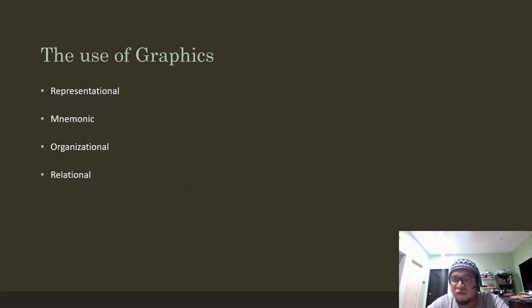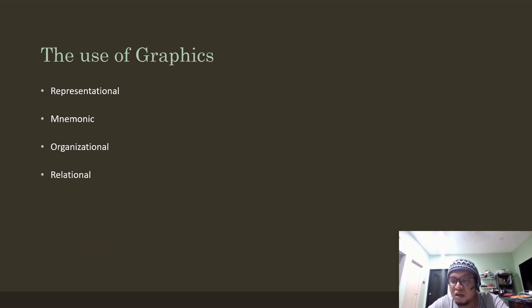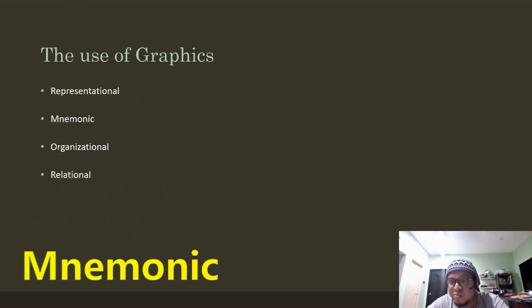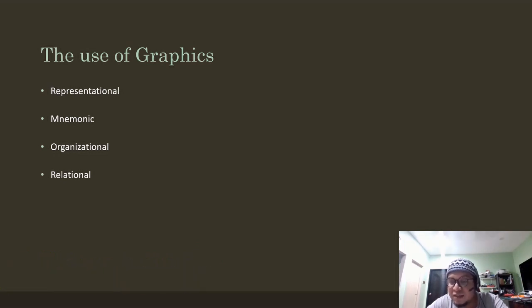The uses of graphic are, first, representational. Representational graphics are used to represent the actual appearance of something. The second one is mnemonic. A mnemonic is a learning technique that uses a device such as a pattern of letters, ideas, or association that helps you remember something.